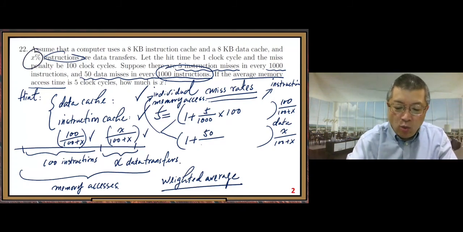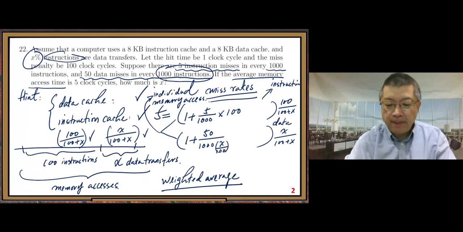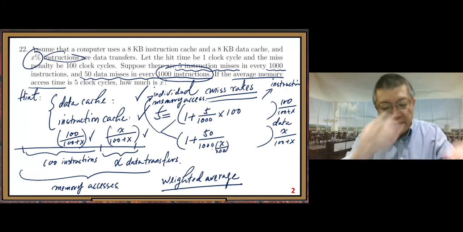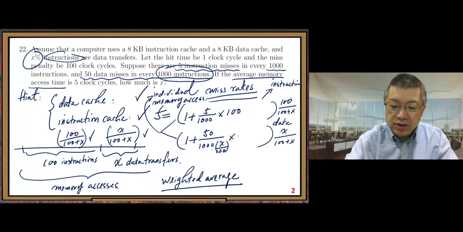So 1,000 times X over 100 is the number of data transfers, and the miss penalty is 100.